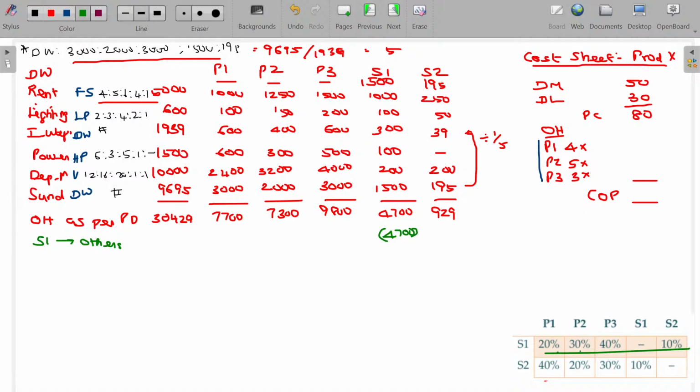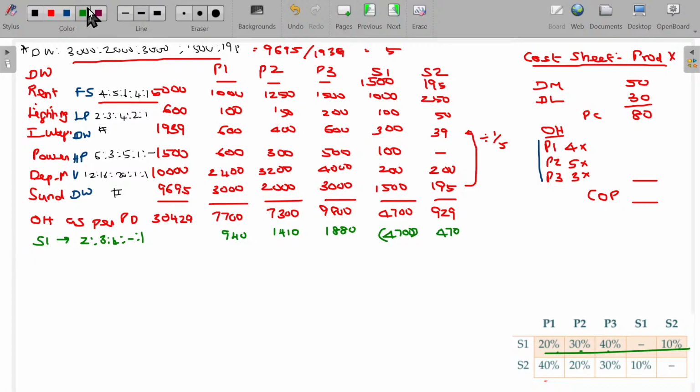Which ratio? 2:3:4:1. S1 to others, 2:3:4:1 is the ratio. Okay. 940, 1,410, 1,880, 470.